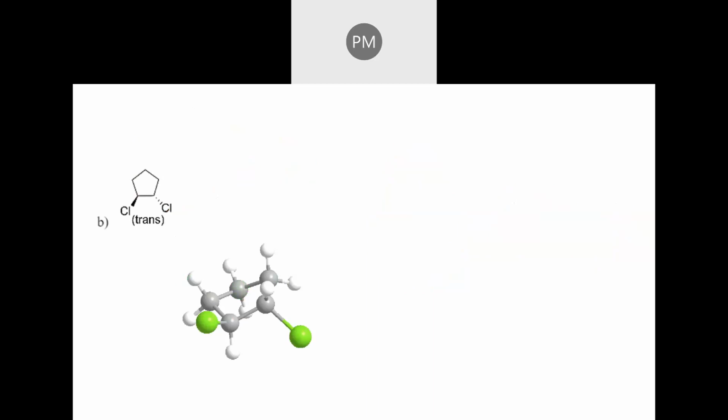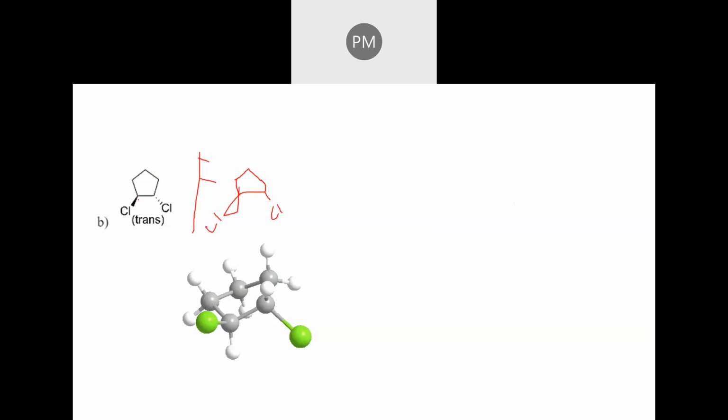Similarly, for this molecule, we have to find out whether it is chiral or not. We first draw the mirror image. If we draw that mirror image, what will happen? This chloride will be here, and the dotted one, the chloride, is below.